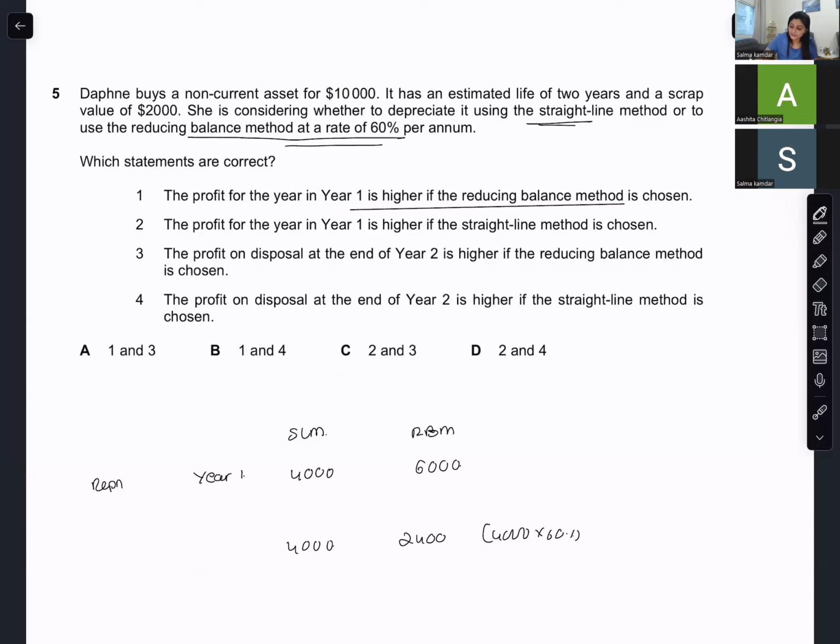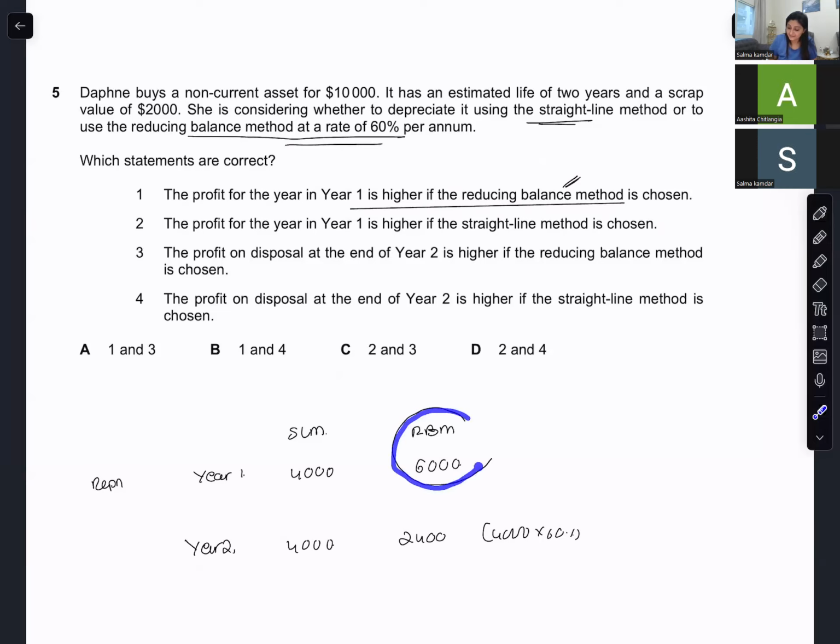If you are choosing the reducing balance method, your expense is higher in year one. So this statement is incorrect. Think over it. If you use the reducing balance method in year one, your expense will be more, so profit will be less.